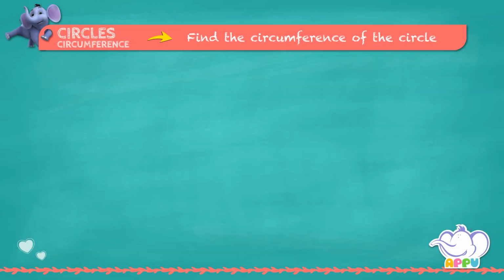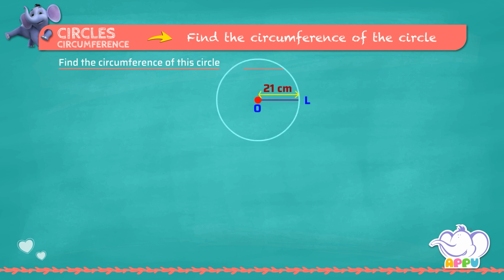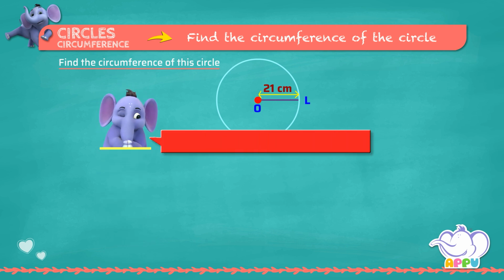Find the circumference of the circle. Circumference of a circle equals 2 pi r equals pi d.